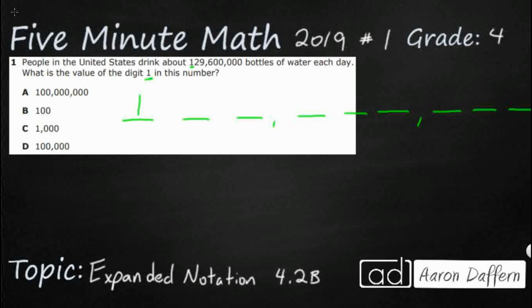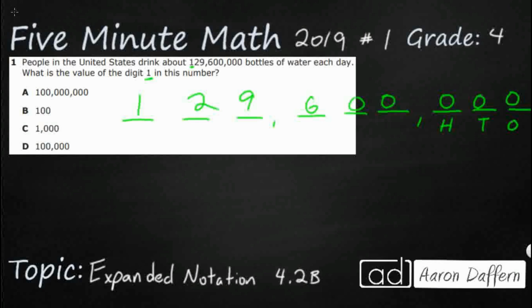So let's make sure we copy this down, and we're going to label each of these to figure out our answer. If we are labeling these with place value names, we always start at the far right in our ones digit, unless we're dealing with a decimal, because sometimes the decimal is the far right. But this is a whole number, so our far right digit is going to be the ones place.